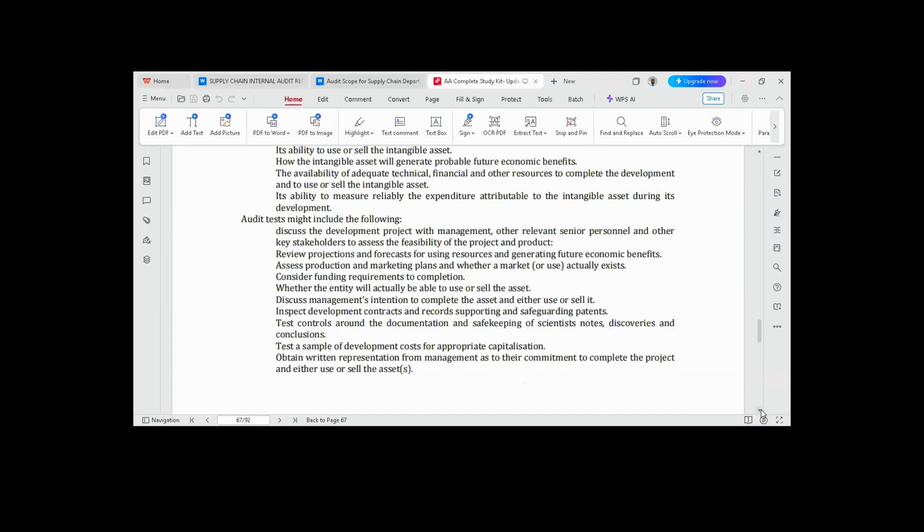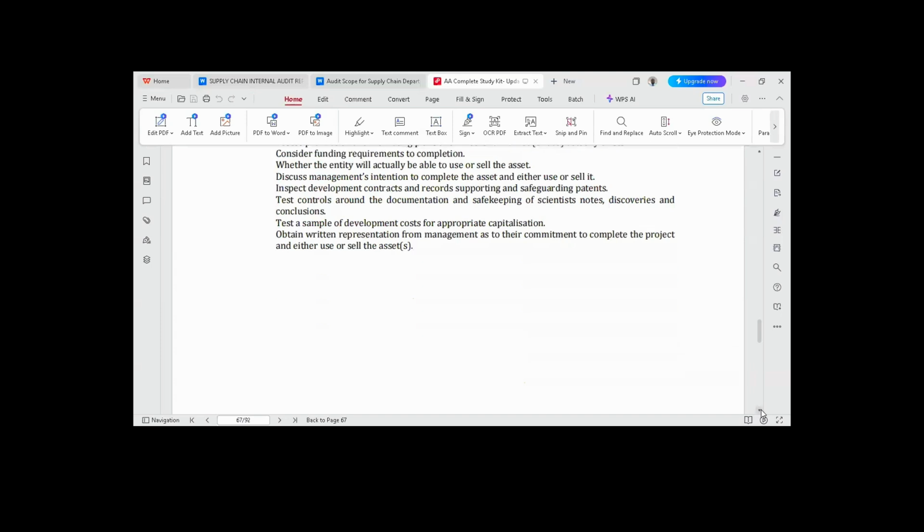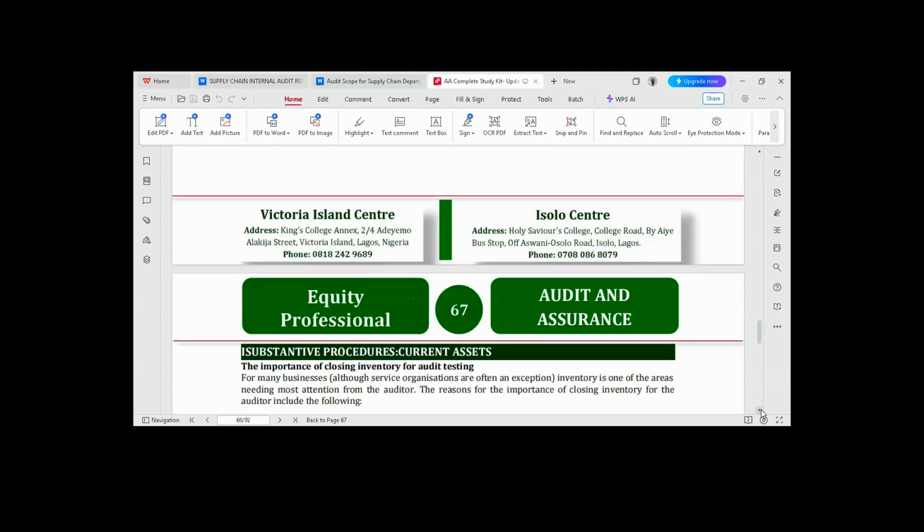Obtain representation from management as to their commitment to complete the project and either use or sell the assets. So that's all about the introduction to substantive procedures, looking at non-current assets.